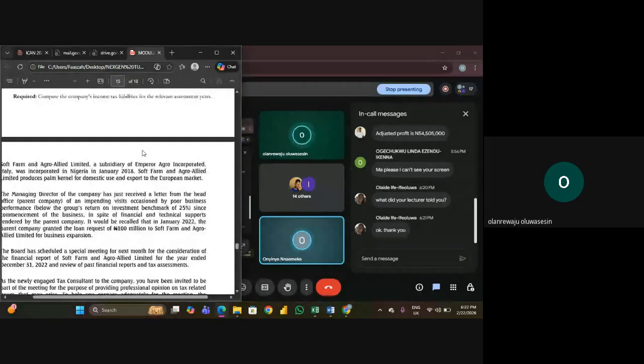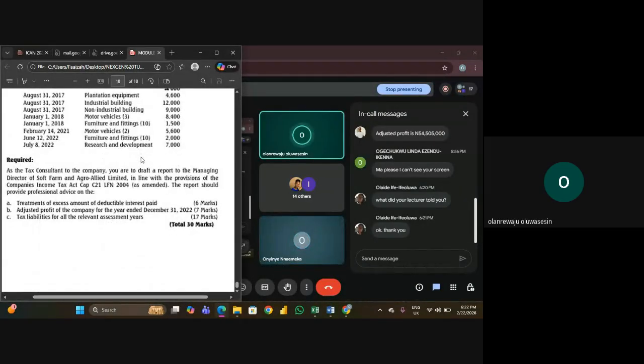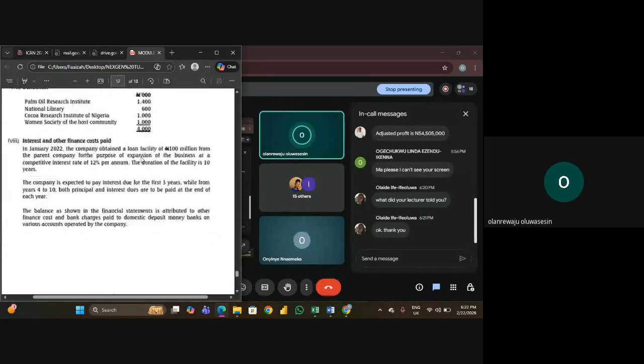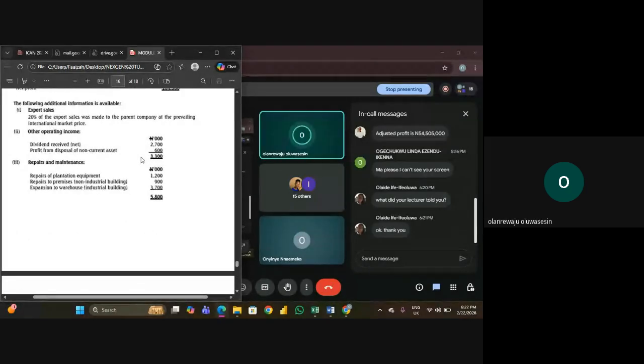Okay, the renovation to premises. Let's assume that we disallow it, meaning that we are going to add it in our capital allowance. Is it because it's repairs to premises? Assuming it is renovation and we disallow it, you add it to capital allowance.